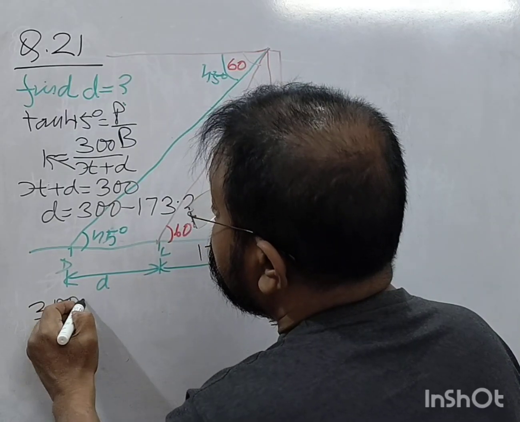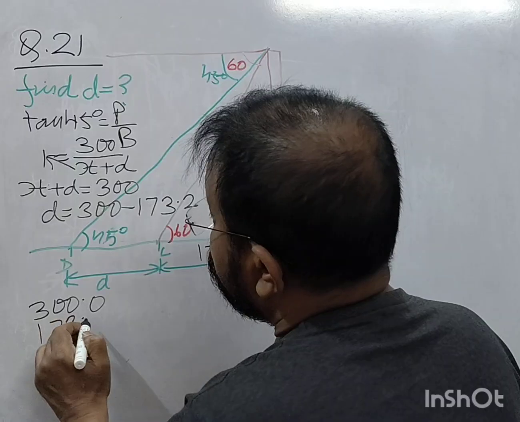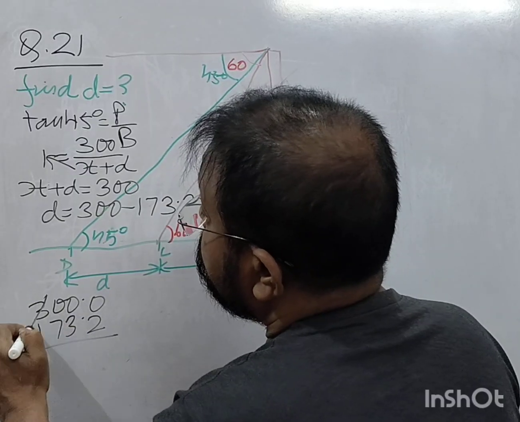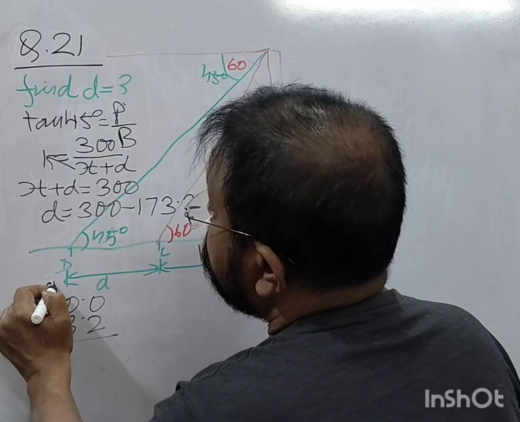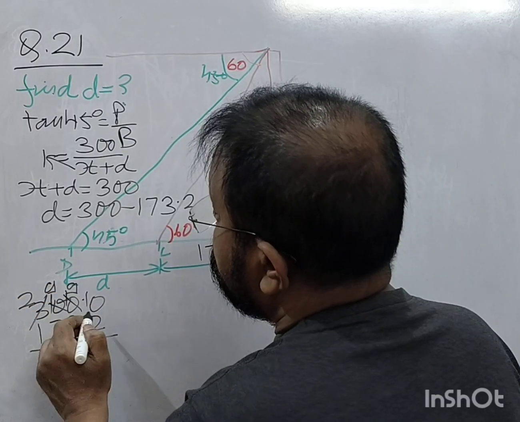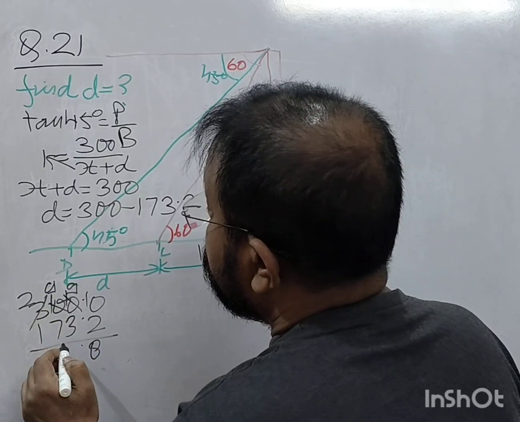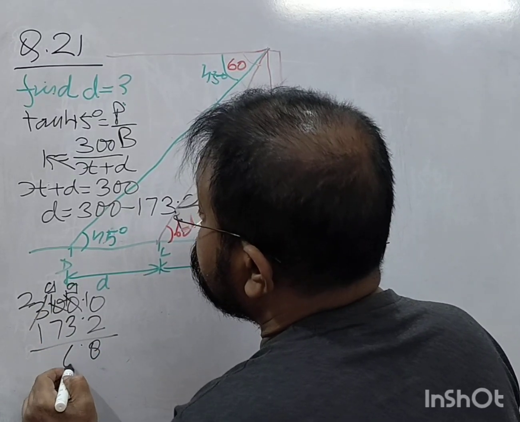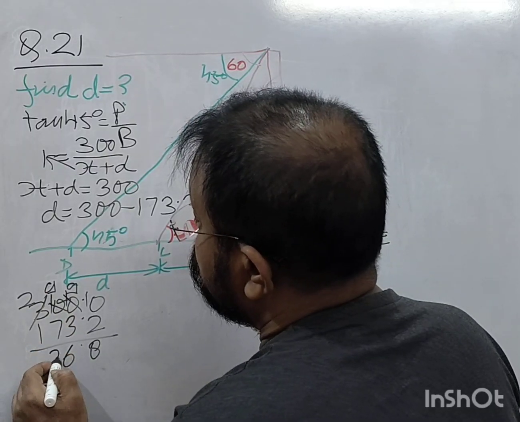So what will be the d? 300 divided by 173.2. You carry 2, 1 here. This is 9. This is 10. Again 9. This is 10. 10 minus 2 becomes 8. 9 minus 3 becomes 6. And 9 minus 7 becomes 2.